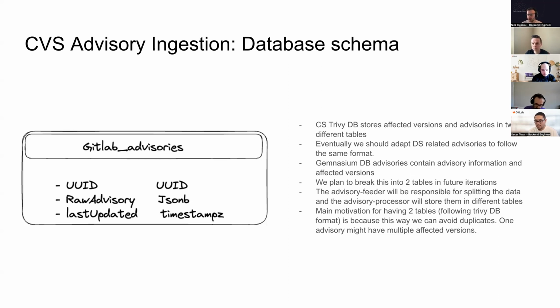So that was a big change. Eventually, in later iterations, we should probably adapt the advisories so that also for Gymnasium DB we extract an advisory item and the affected versions and store them in two different tables. But this will come in the future.